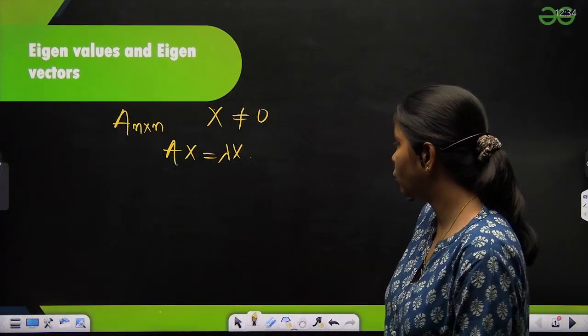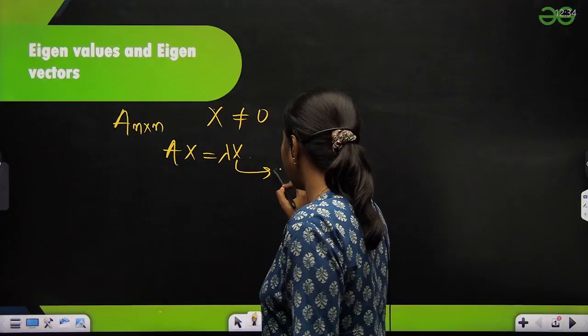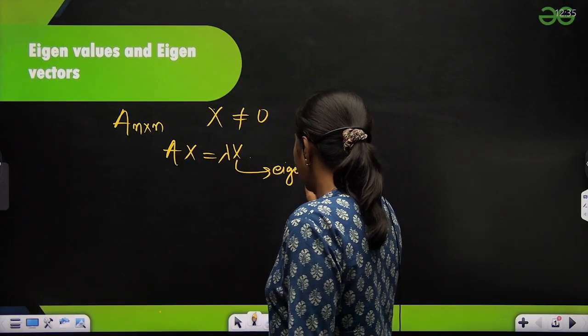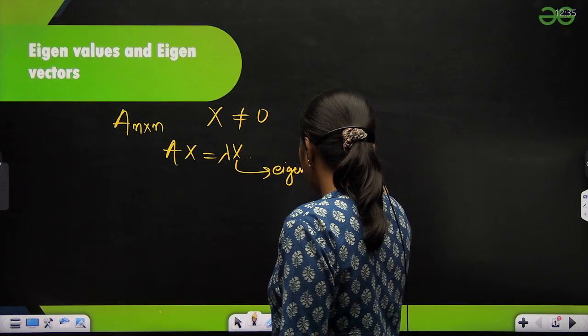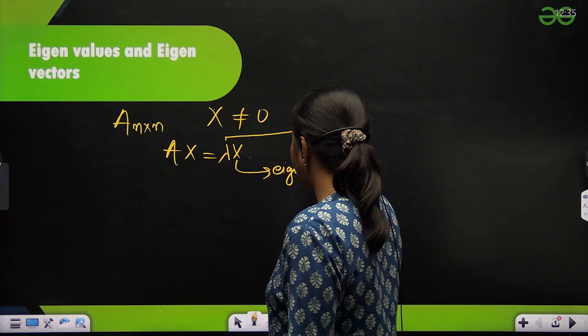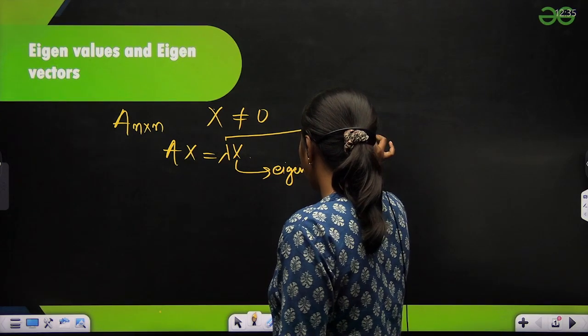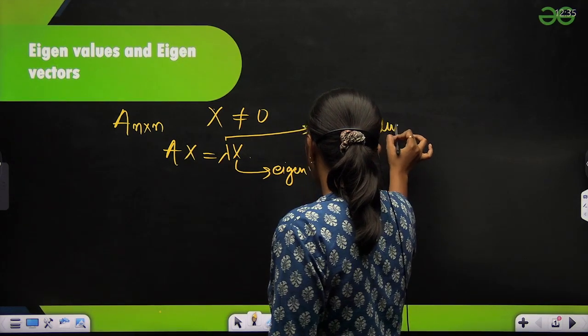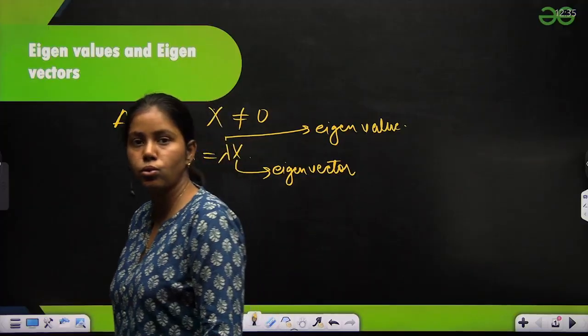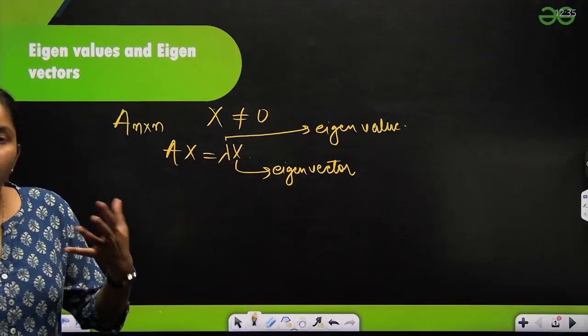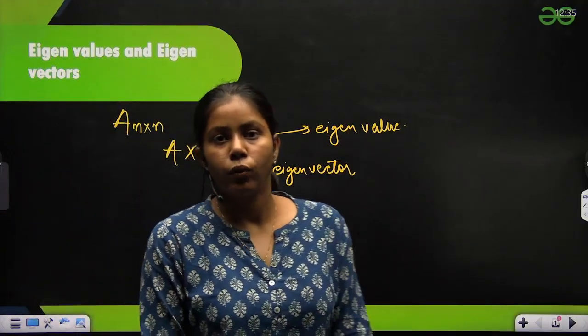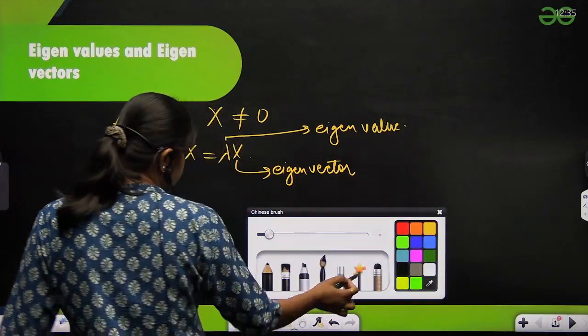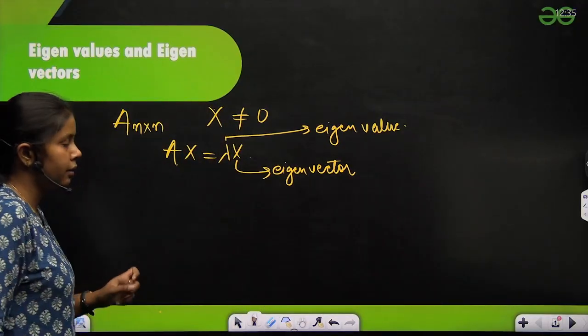This x is called your eigenvector and lambda is called the eigenvalue. Now we have also discussed the method to find eigenvectors and eigenvalues. Let's do a quick revision and then move to the further topic.